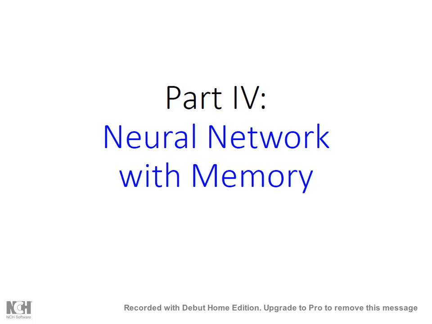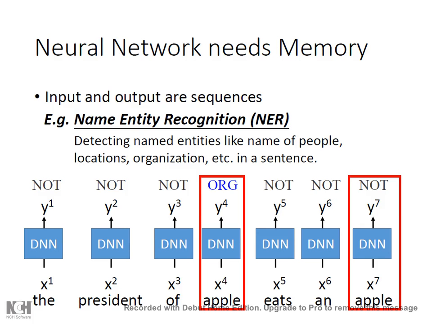Okay. Now next we will talk about the final part, the neural net with memory. For a neural network, sometimes it needs memory. Here is an example where the input and output are sequences.